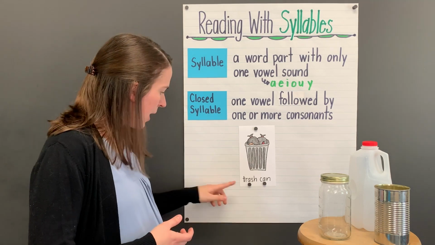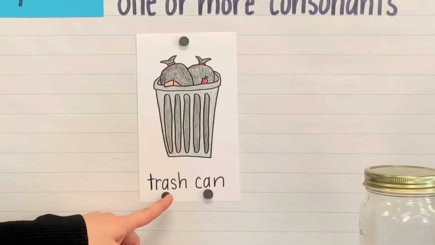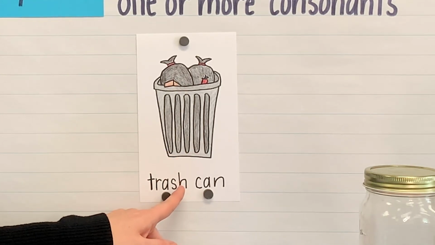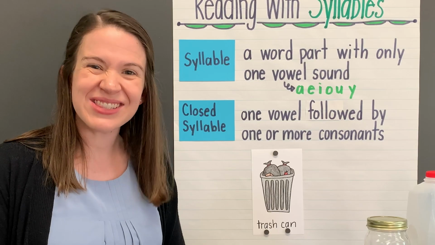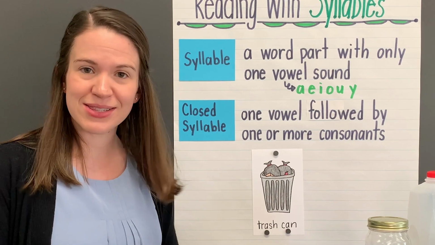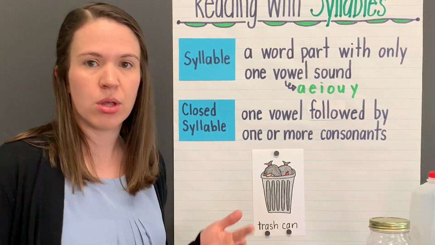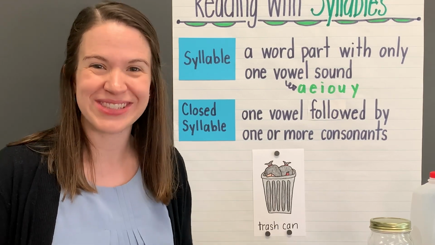Let's check it out. In the word trash, we see the vowel followed by SH. Are S and H consonants? They are. In this word, they're saying sh, which is not a vowel sound.